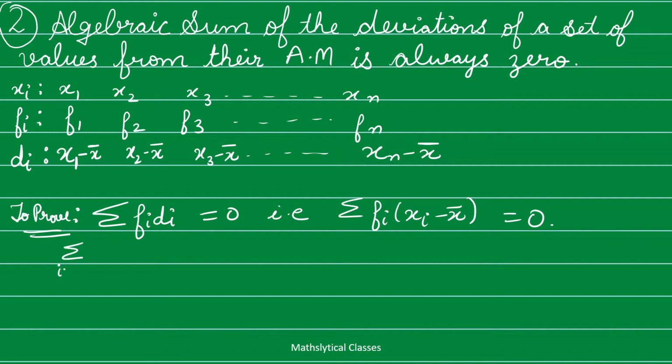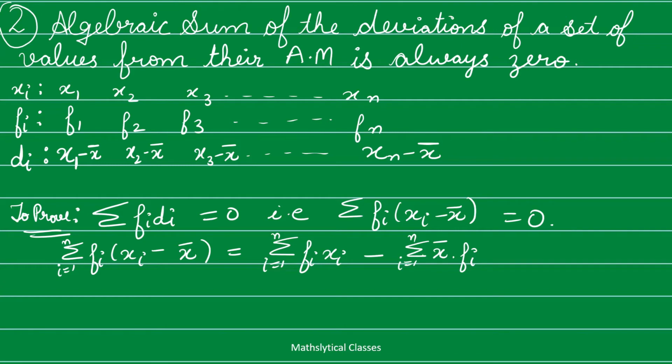So summation i varying from 1 to n of fi (xi minus x bar). We'll separate the summation on each term. This is summation i from 1 to n of fi xi minus summation i from 1 to n of x bar into fi. Now x bar is independent of summation, so it can be taken outside.